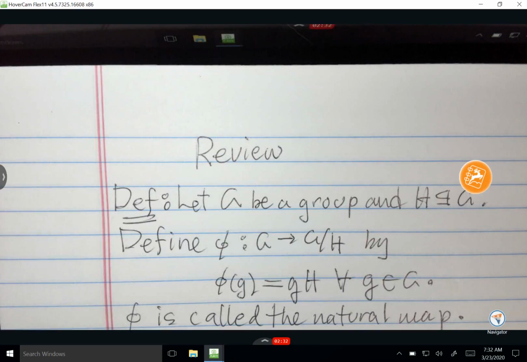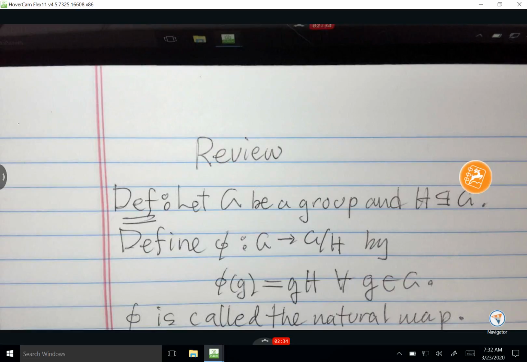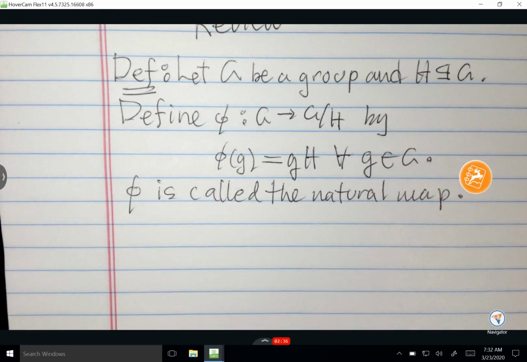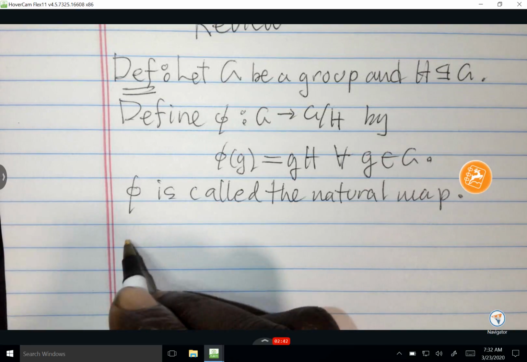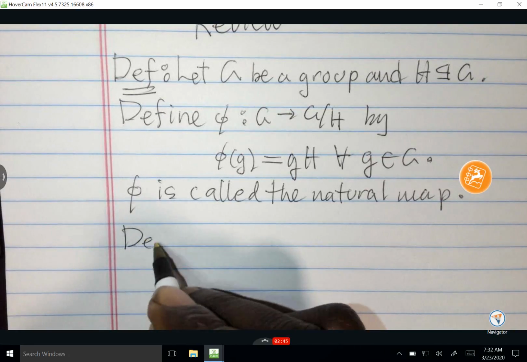Another definition. Again, this is something you've probably seen before, but again, it's going to come up. Definition.